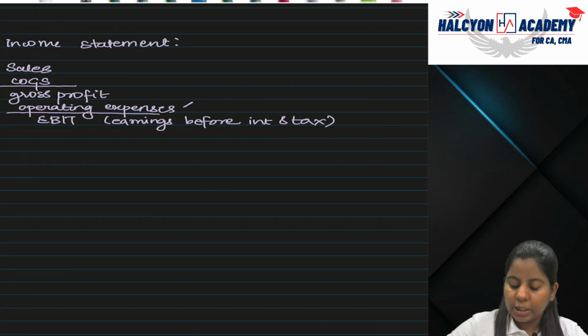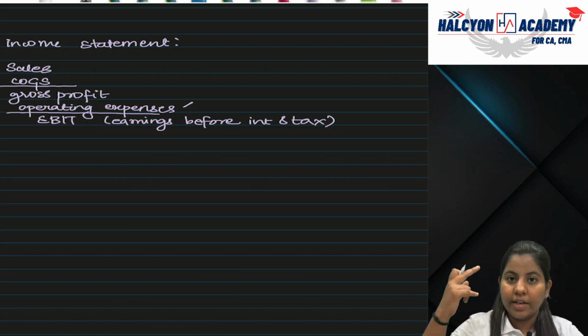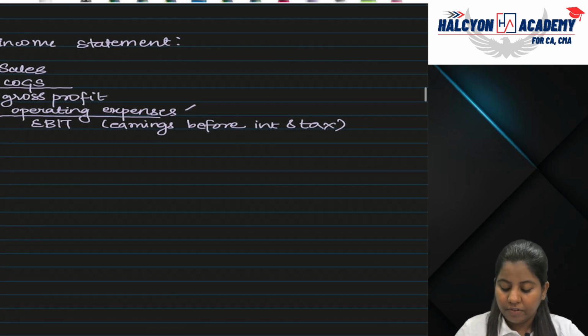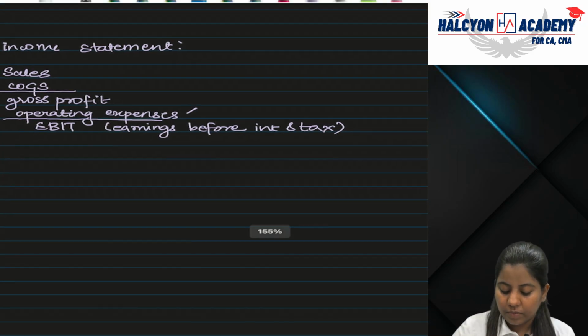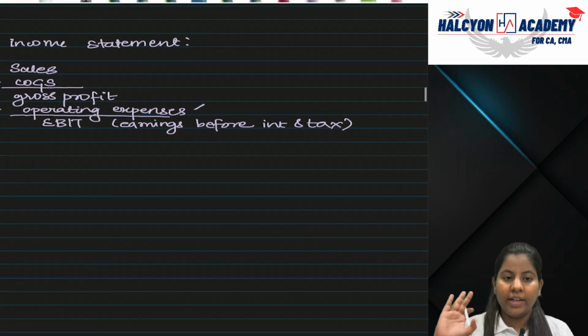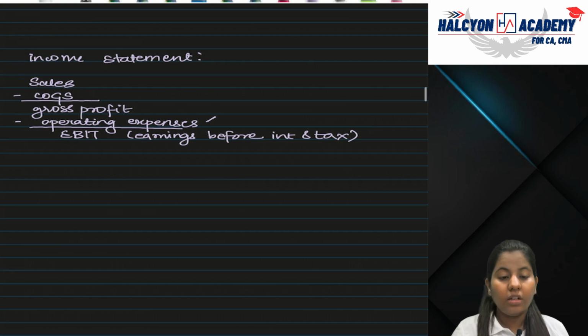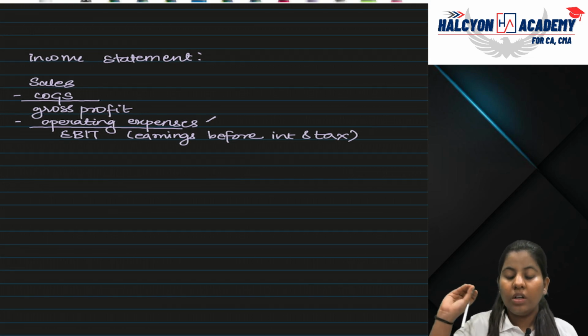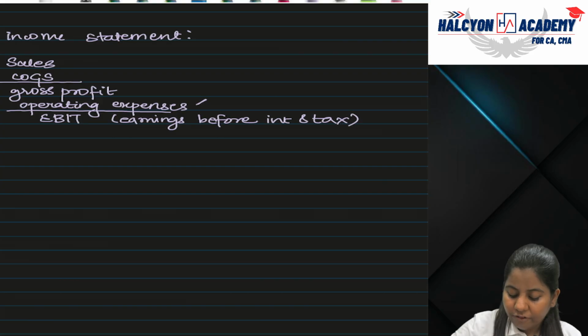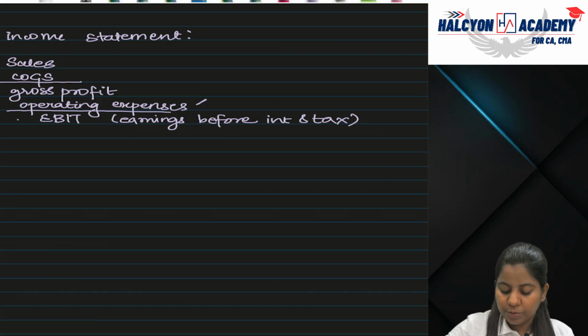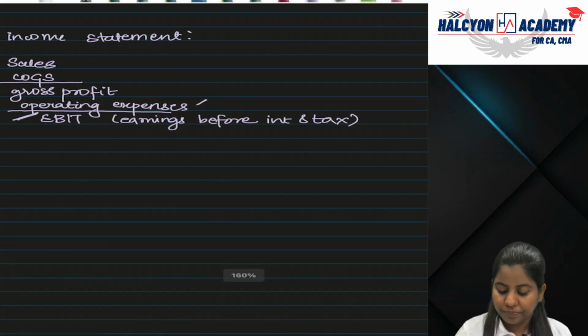In these operating expenses, we have not included interest and tax yet. All other operating expenses are deducted. Then comes EBIT. So now we have this much profit available for the firm.